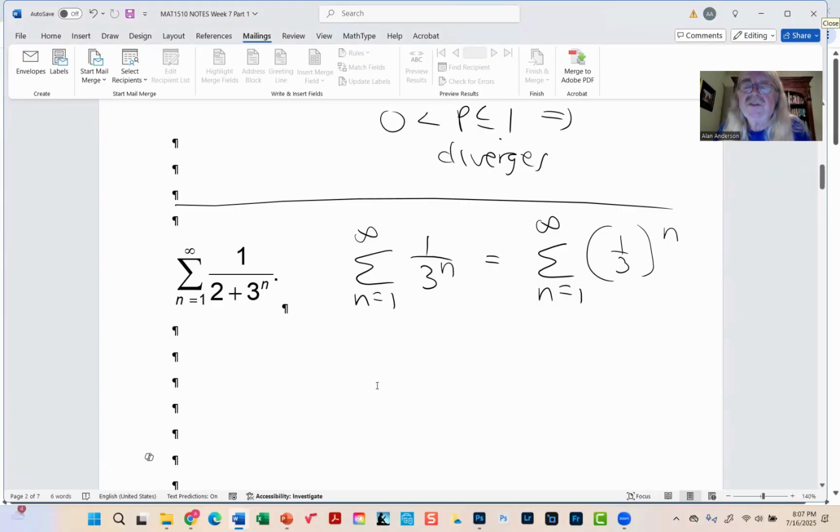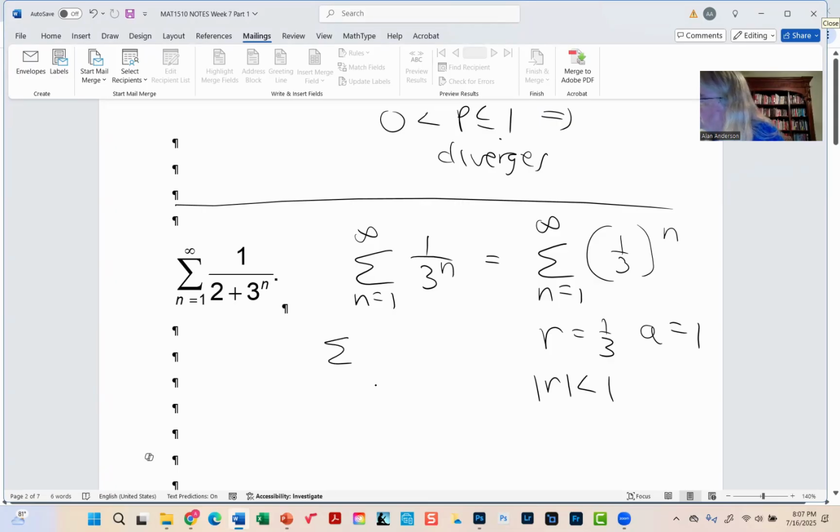This is just a regular geometric series, because this is r, 1/3, and a is 1. So we already know that because r is strictly less than 1, this series is known to converge. And furthermore, we can figure out what it converges to.